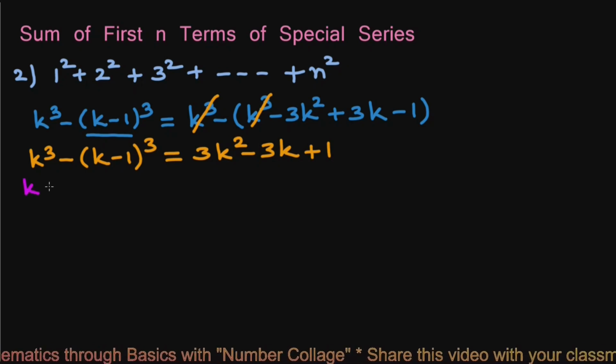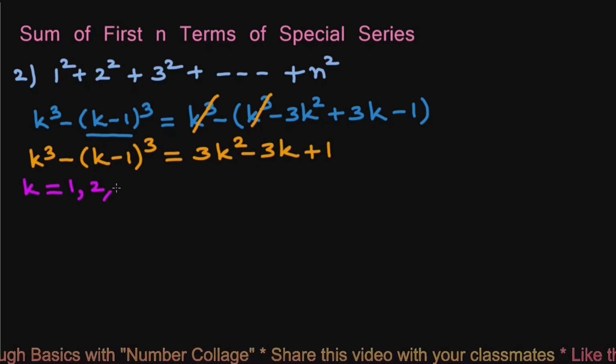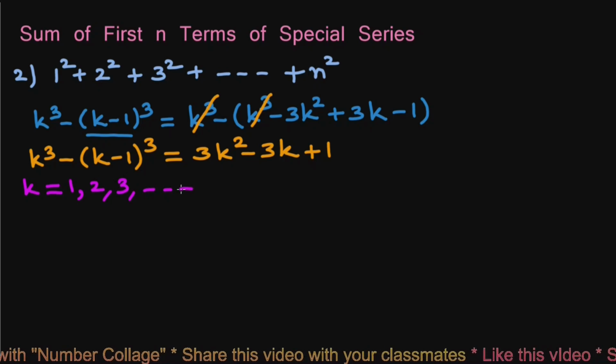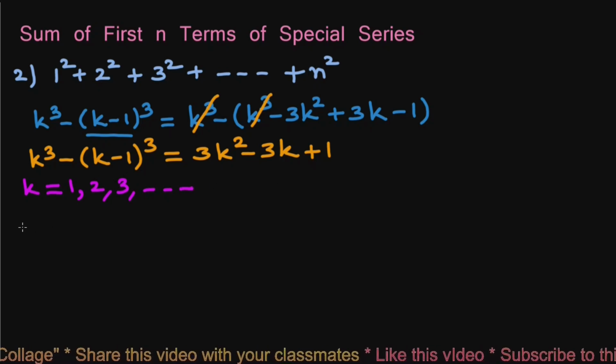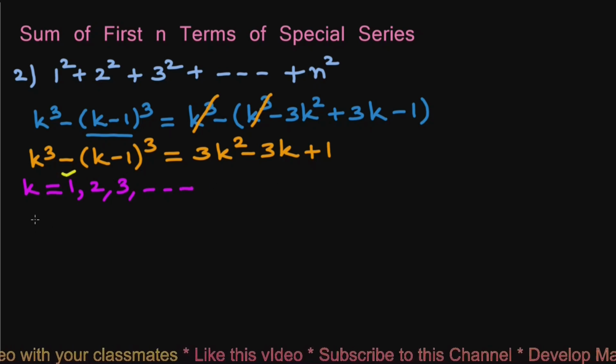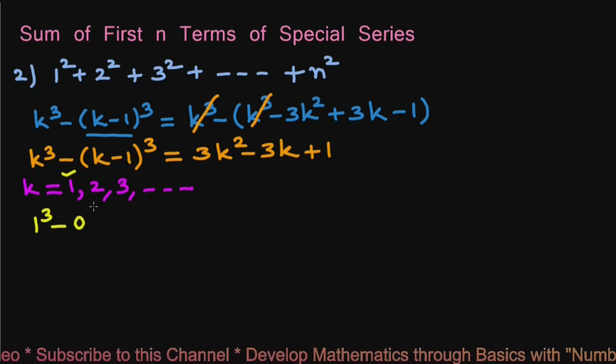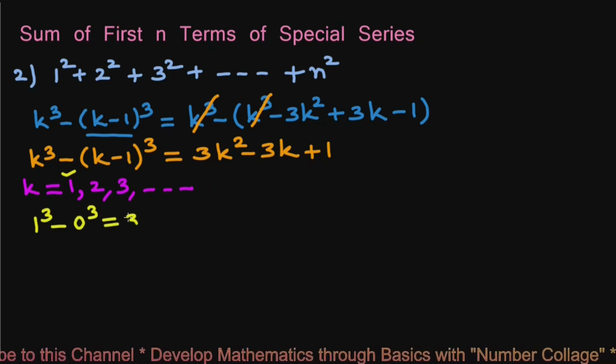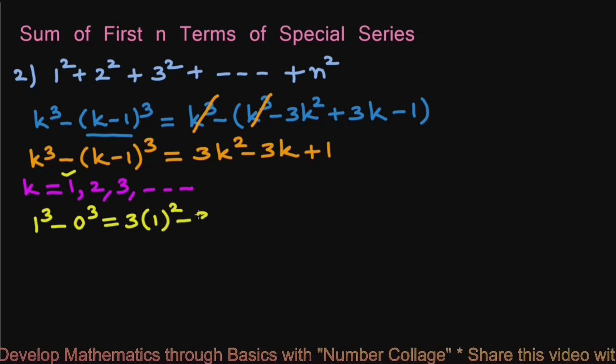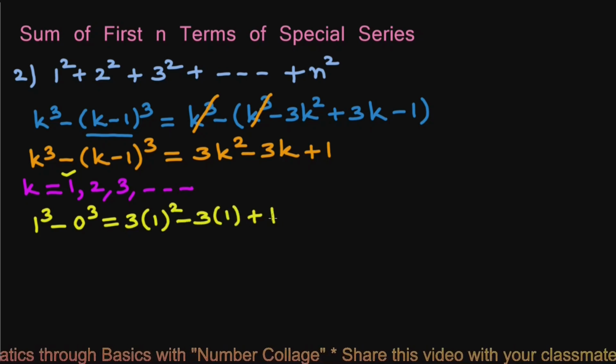Now we will put k equals 1, 2, 3, so on and so forth successively. So first, putting k equals 1, we write 1 cube minus 1 minus 1, that is 0 cube, equals 3 into 1 squared minus 3 into 1 plus 1.